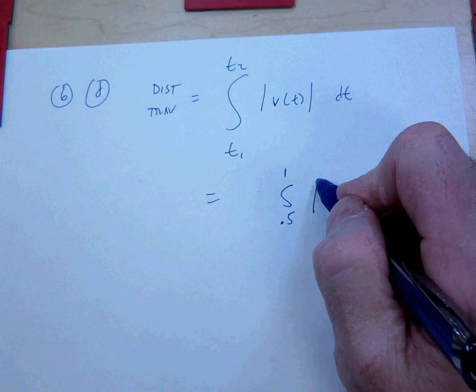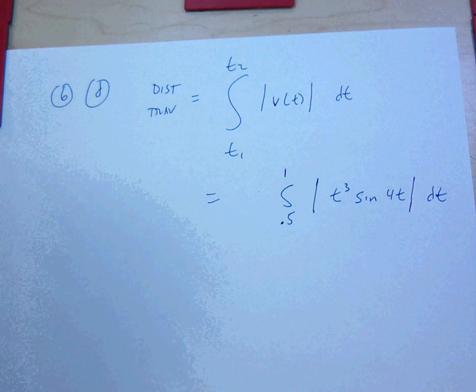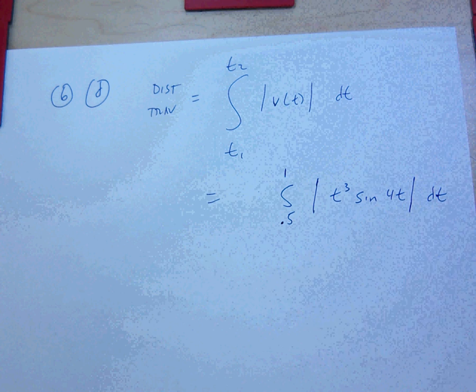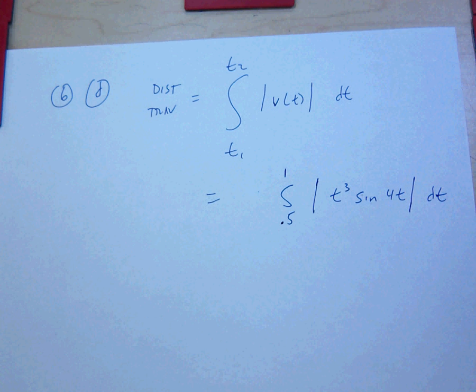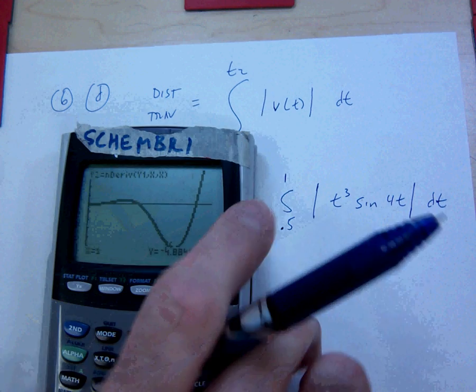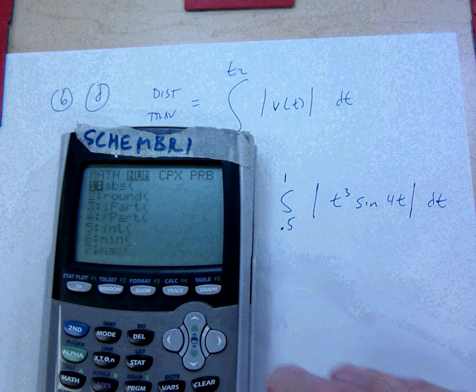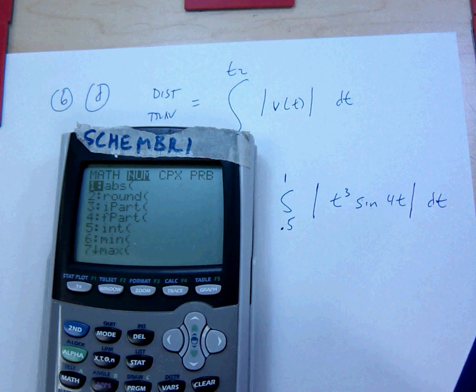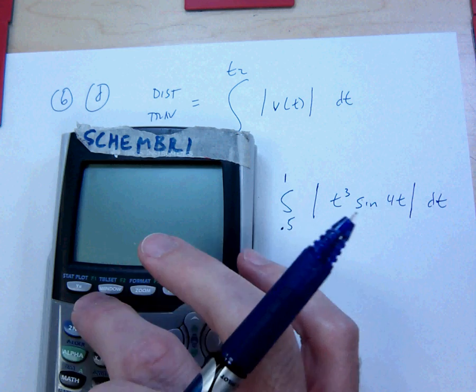All you have to do is punch that in your calculator. Do I need to do that, or can you do that? You can do that. By the way, the absolute value is where? It's under Math, Num, number 1, ABS. So I'm not going to go through that. I think you can do that. Okay, does that help?